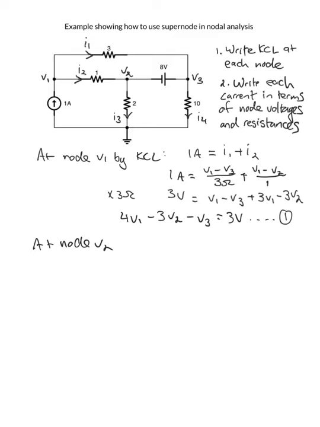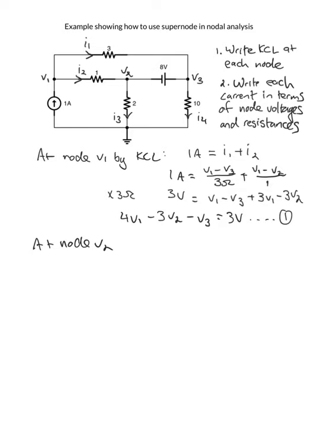The resistance of an ideal voltage source is assumed to be 0 ohms. Our problem is that we now only have one equation and we still have 3 unknowns, V1, V2, and V3.